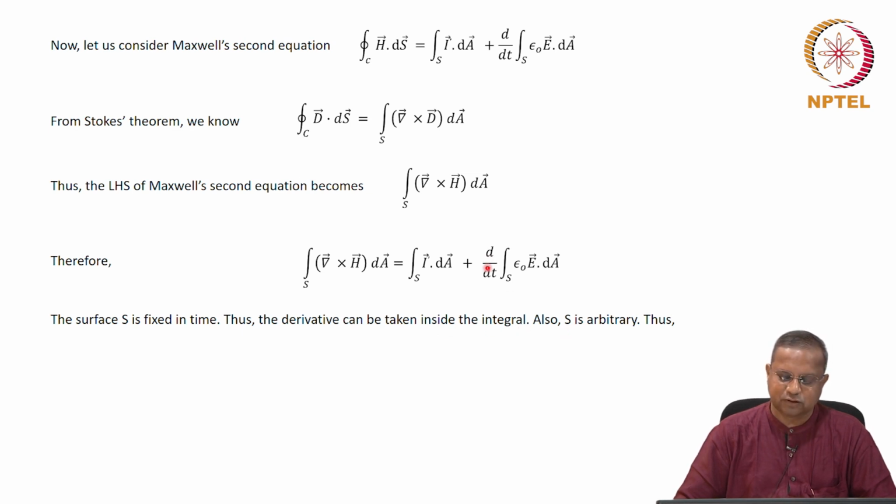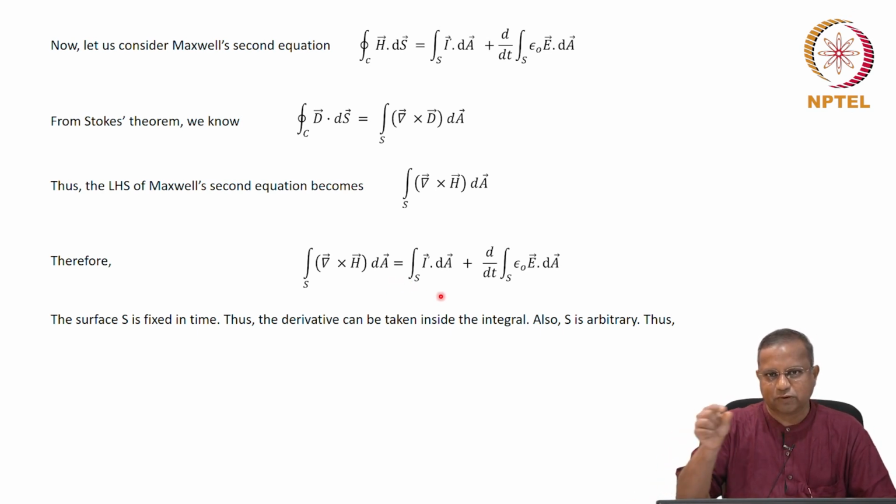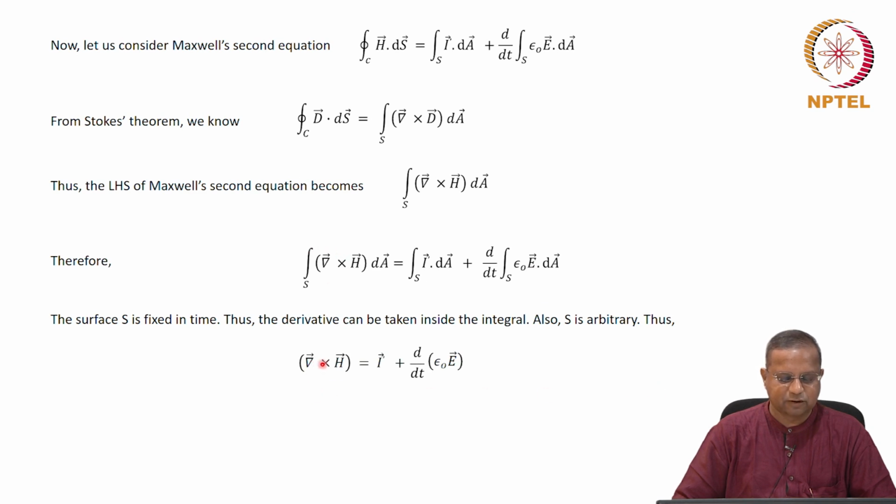And the surface is arbitrary, therefore you don't have to worry about which dA you are working with, and you can equate the ones inside the integral to write del cross H equals I dash plus d/dt of epsilon naught E. Now this is a sum of integrals, therefore you could add them together under the same integral, I dash plus d/dt of epsilon naught E. So this is the differential form of Maxwell's second equation.